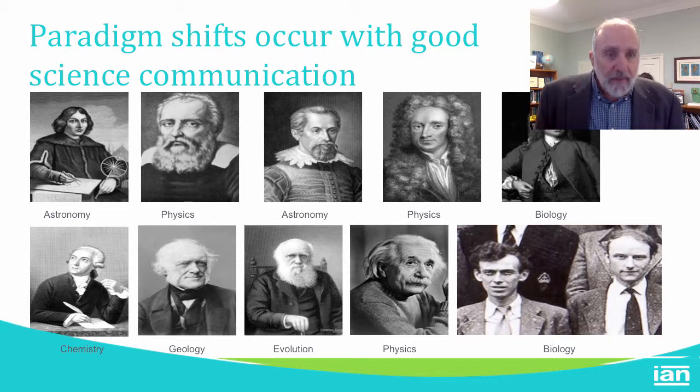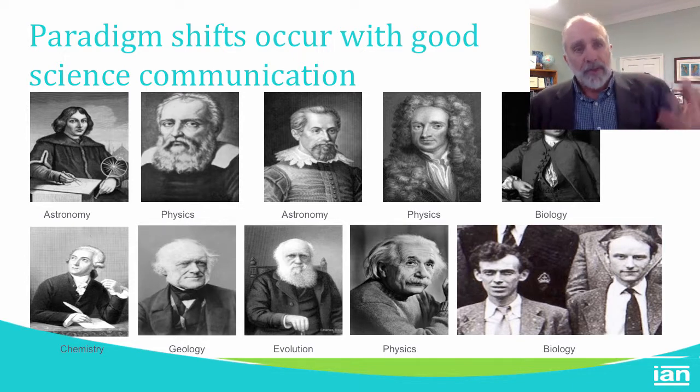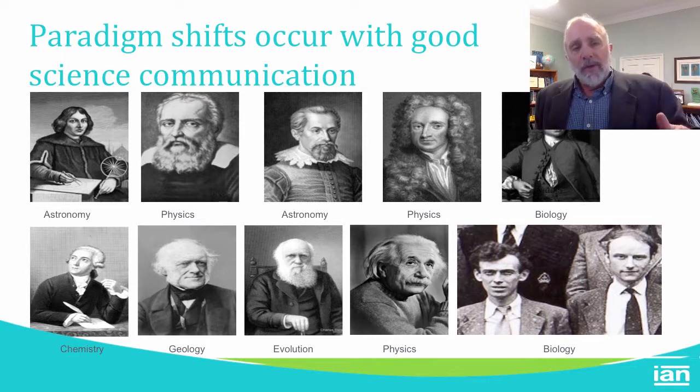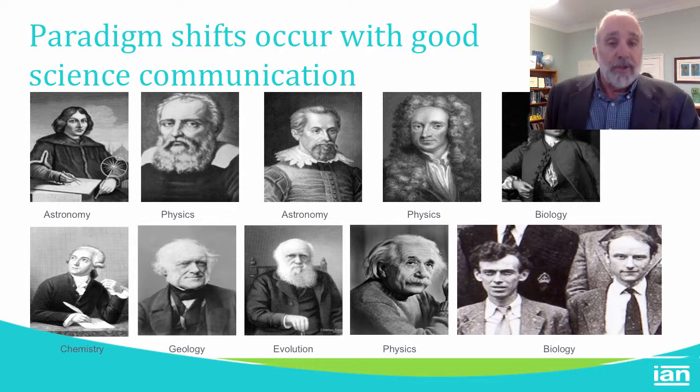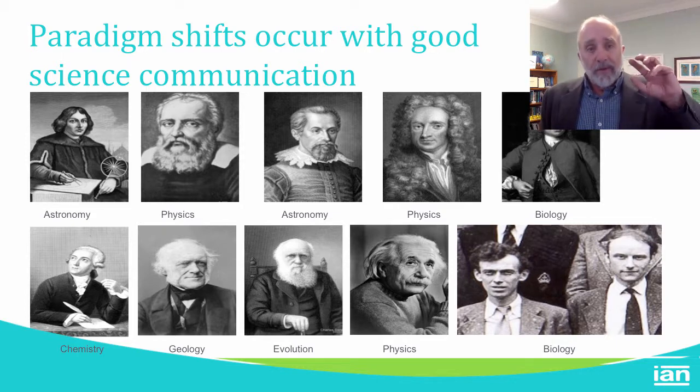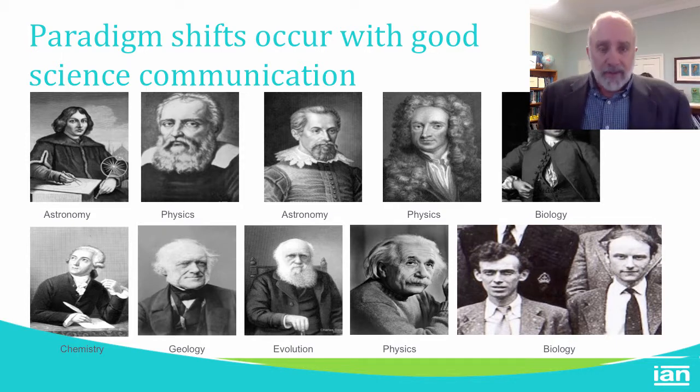Lavoisier, the French chemist who debunked the phlogiston theory and showed the role of oxygen, and basically invented chemistry, until his head got chopped off in the French Revolution. And then Charles Lyell, the Englishman and geologist who influenced both Darwin and Wallace, showed that the Earth was much older than 6,000 years.